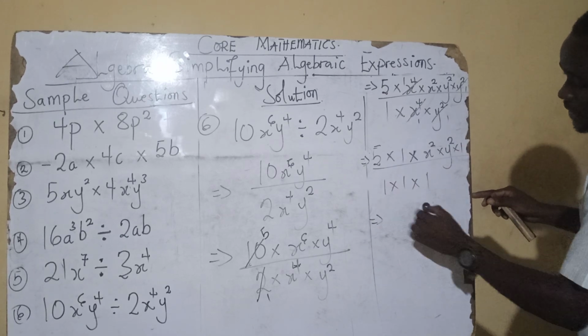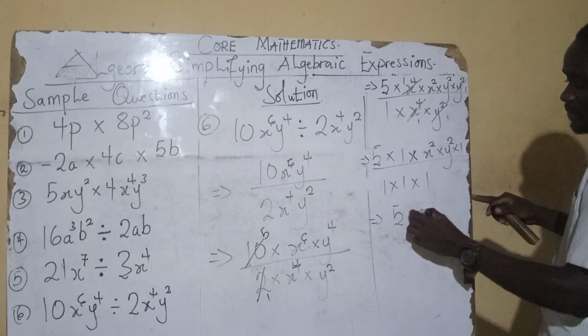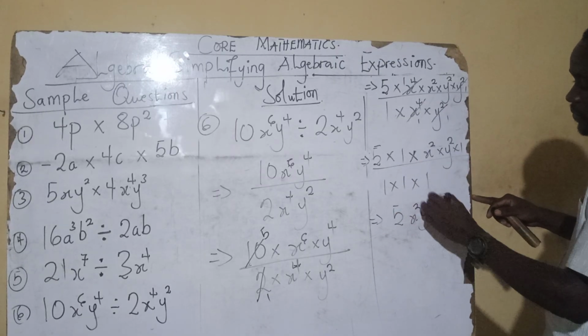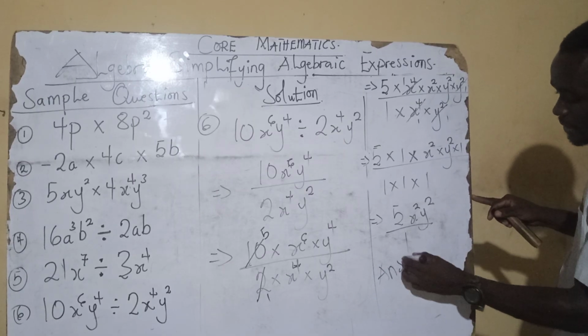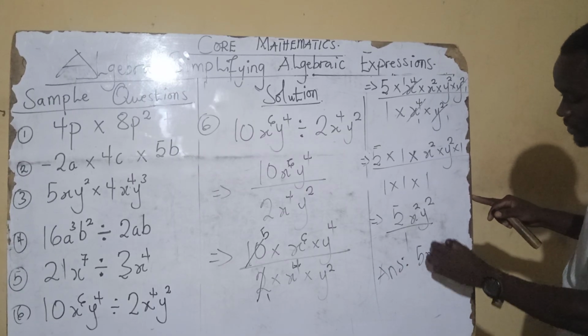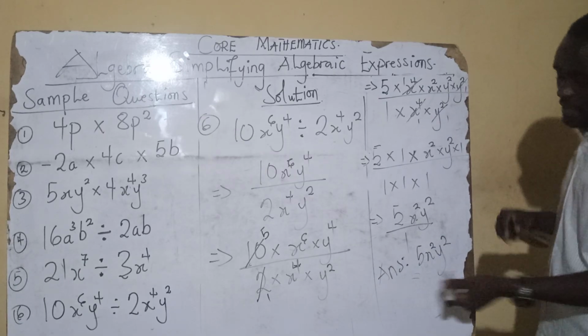So you realize that we are going to get 5 times 1 is 5 by this. We are going to get x squared y squared all over 1, which our answer then becomes 5x squared y squared. This then becomes our final.